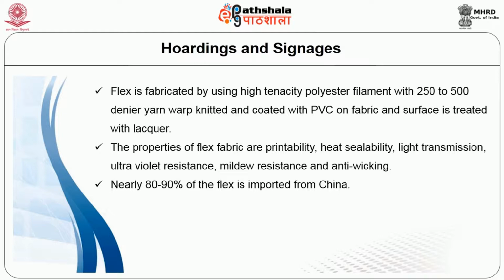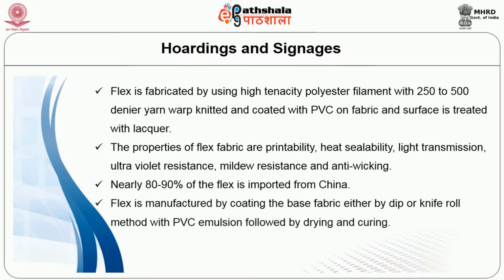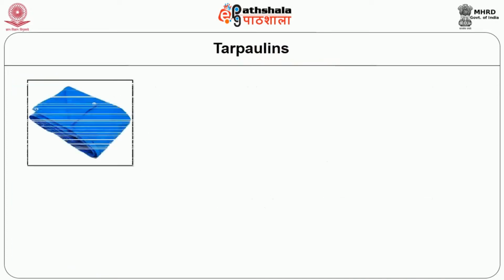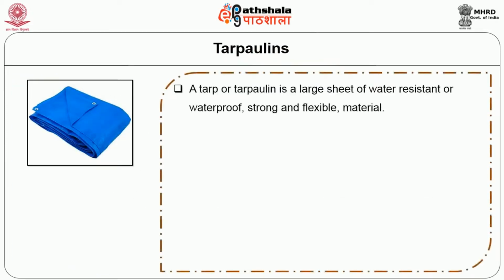Nearly 80 to 90% of Flex is imported from China. Flex is manufactured by coating the base fabric either by dip or knife roll method with PVC emulsion, followed by drying and curing. The next subdivision under Buildtech is Tarpaulin.